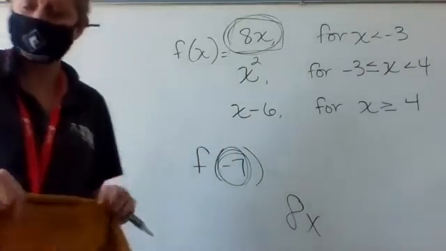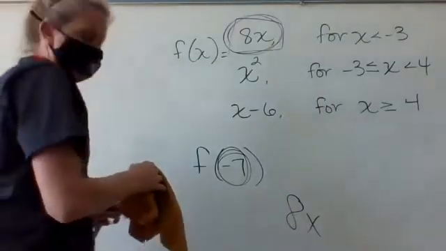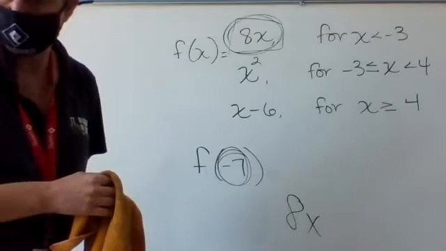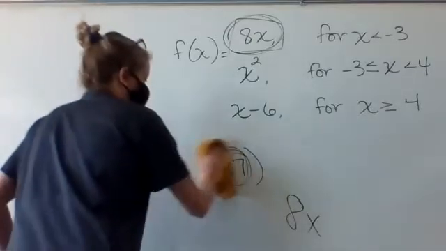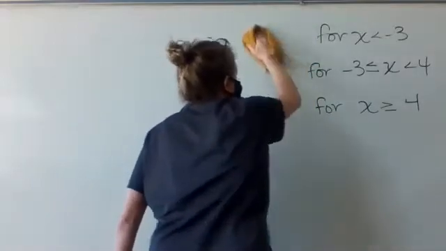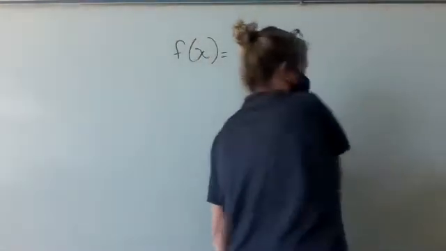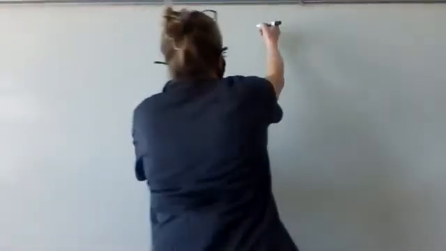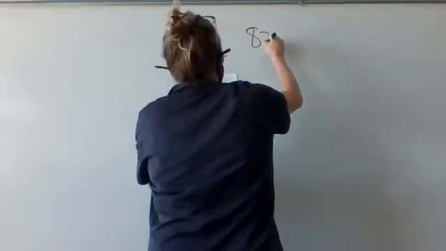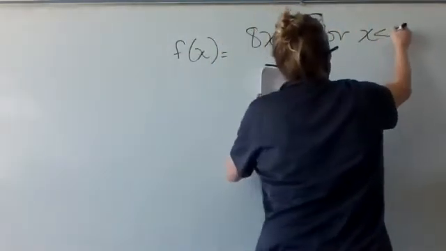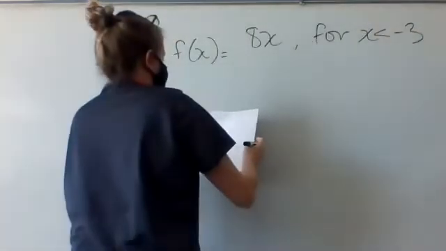Okay, number 2, same kind of thing. Again, the first piece is 8x for when x is less than -3. I think that's just like the last one.